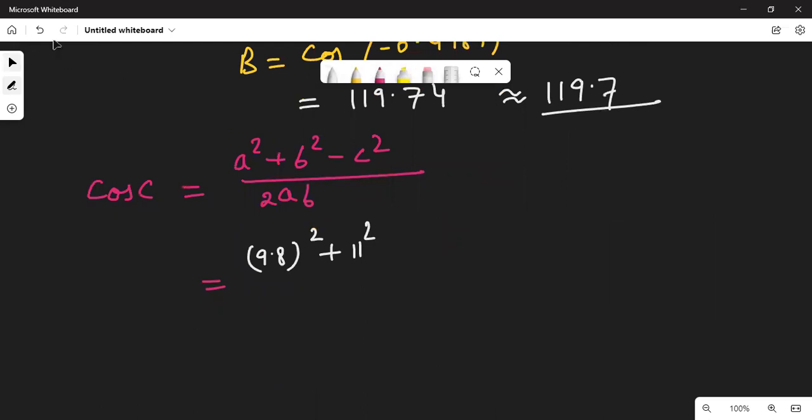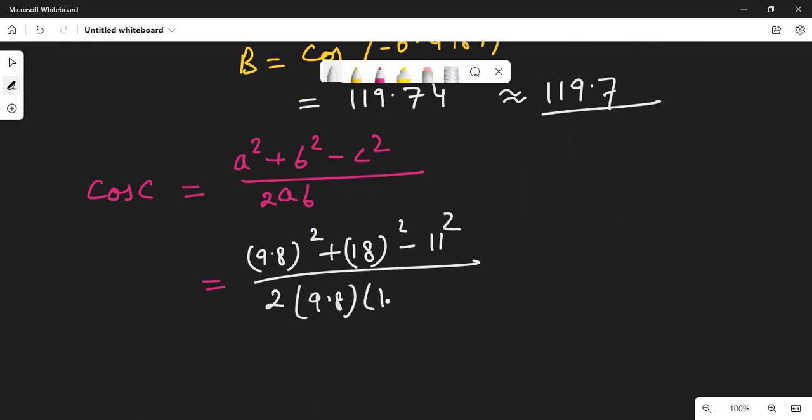So B is 18, means this is 18 squared minus 11 squared divided by 2 times 9.8 times 18. And we can solve this value, and it will be 0.8476. It keeps coming, so approximately this.